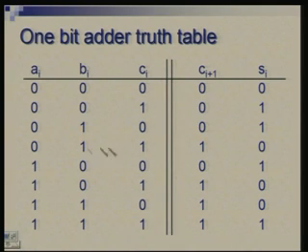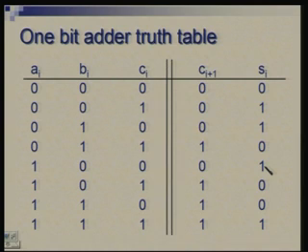What we can do is find out how many ones there are. If there is no 1, both sum and carry are 0. There are 3 cases where you have a single 1, so sum is 1 and carry is 0.